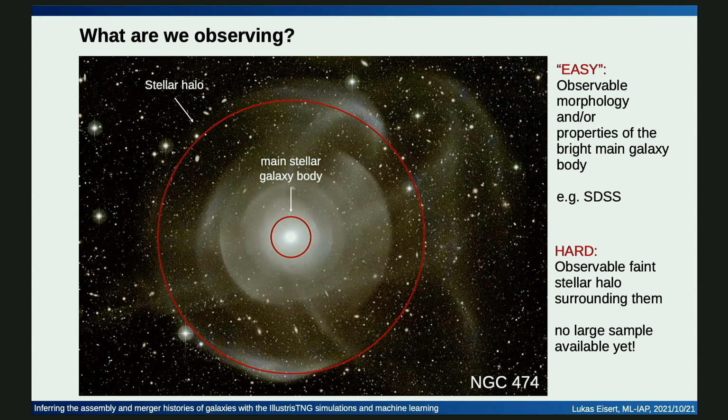So there's a good idea that this will tell us a lot about the merger history itself. The only big problem is that these things are quite faint and hard to observe, because we are talking about surface brightnesses down to 32 magnitudes per arcsecond squared. But in general, we now have this information in the observations.